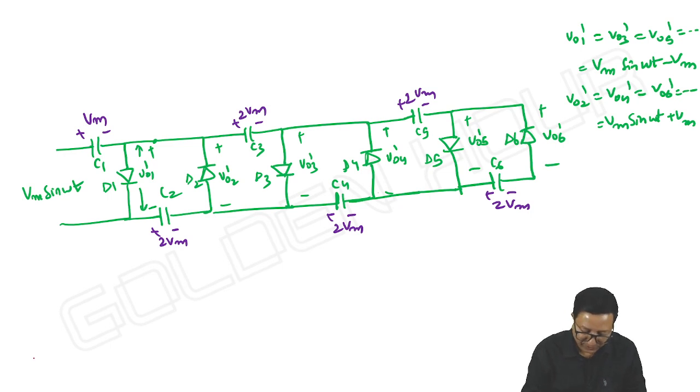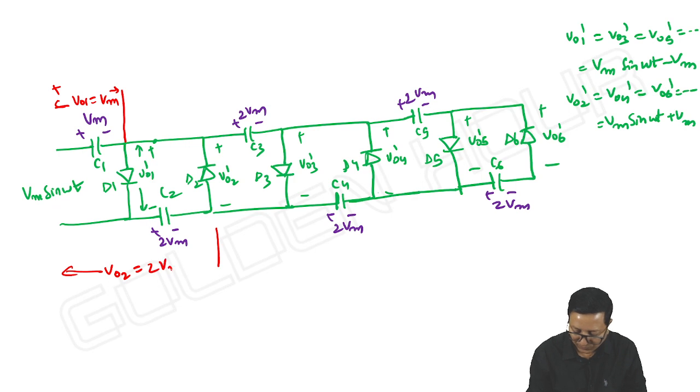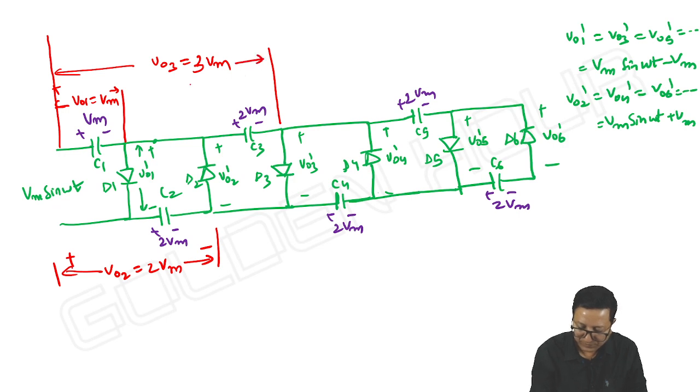And coming to the overall output, VO1, right, I am taking from right to left, and VO2 is 2Vm, right to left. Again, VO3 is equal to Vm plus 2Vm, 3Vm, plus minus.